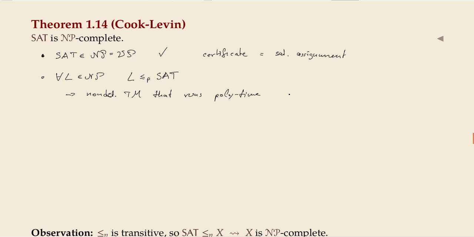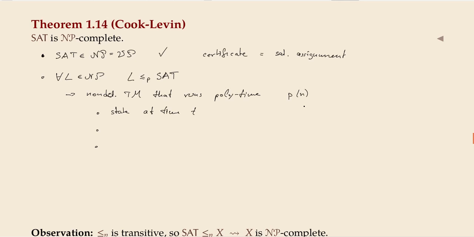And that means there's a specific polynomial, p, where again, we don't know how it looks in general, but we know that there is one. And then we can define a lot of variables, namely for the state of the Turing machine at time t. And we know that we need only polynomial time steps.